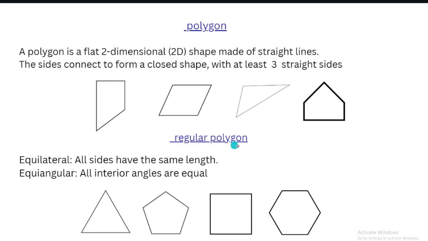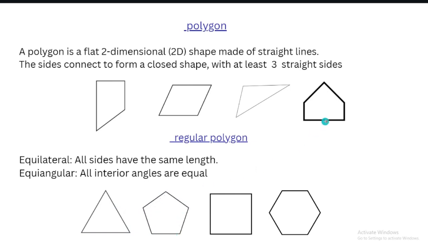What is a regular polygon? A regular polygon is a polygon with equal sides and equal angles. So this is an equilateral triangle. Every angle is 60 and it has equal sides. This is a regular pentagon.